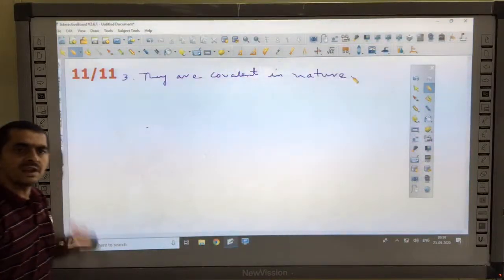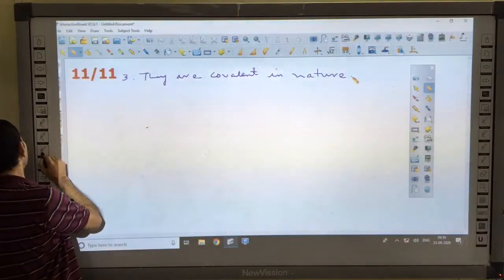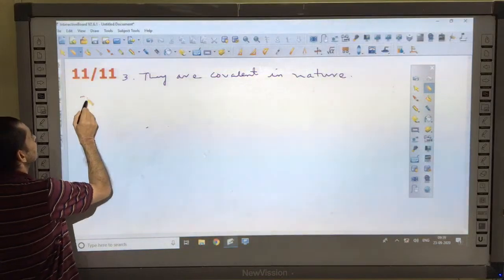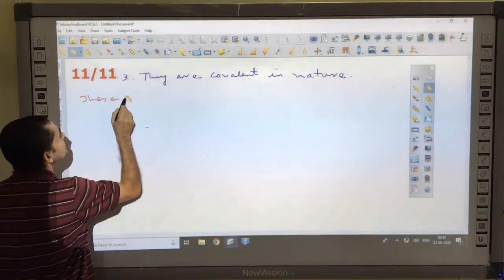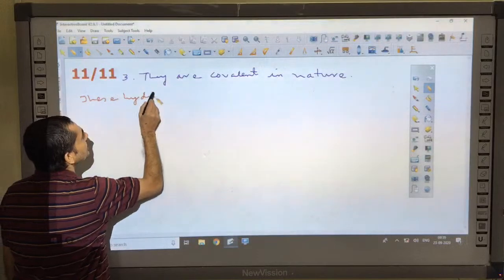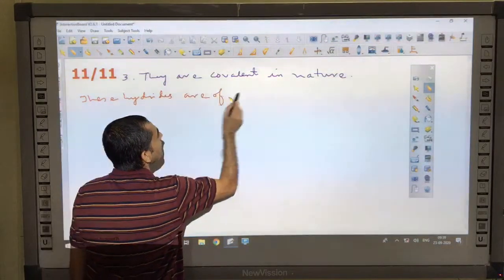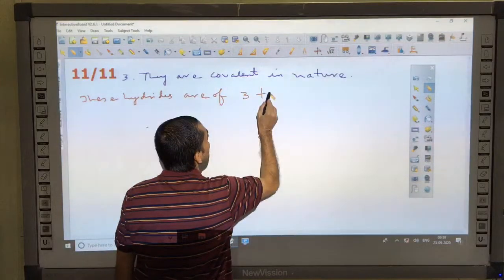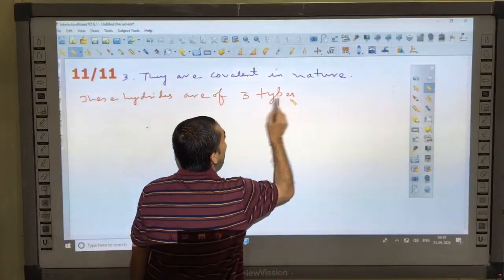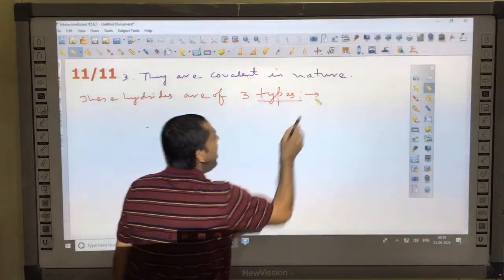Clear? Now, covalent hydrides are of three types.